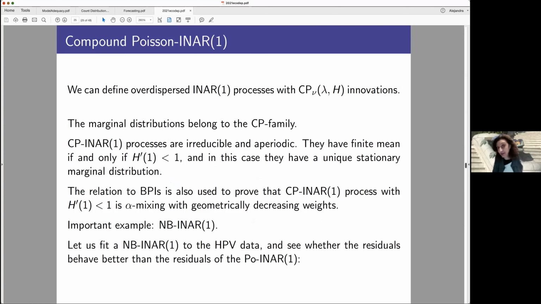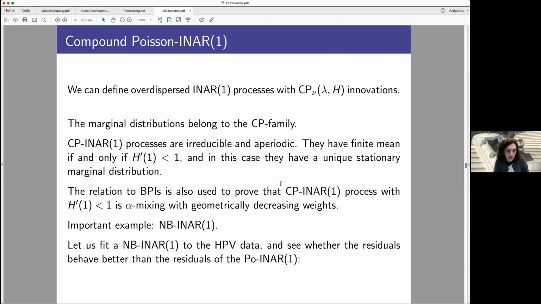So we can define an over-dispersed AR(1) process with compound Poisson innovations, and in this case, the marginal distributions are in the compound Poisson family. That's why they are called self-decomposable. And the compound Poissons are also irreducible and aperiodic.